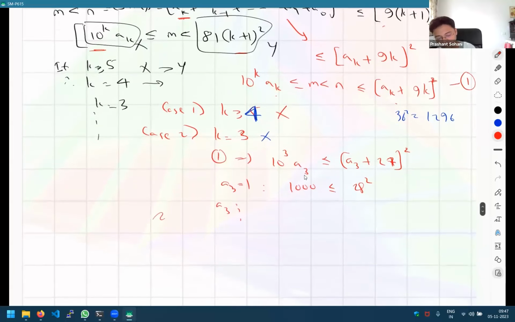Okay, so then we are only left with the case where k is 2. So in other words, m is a 3-digit number or less, actually. So I should say k less than or equal to 2.